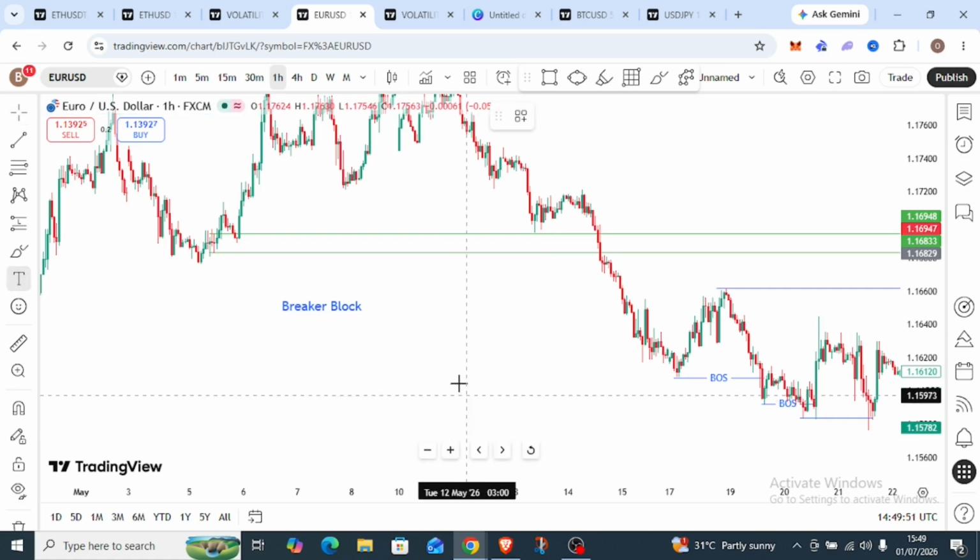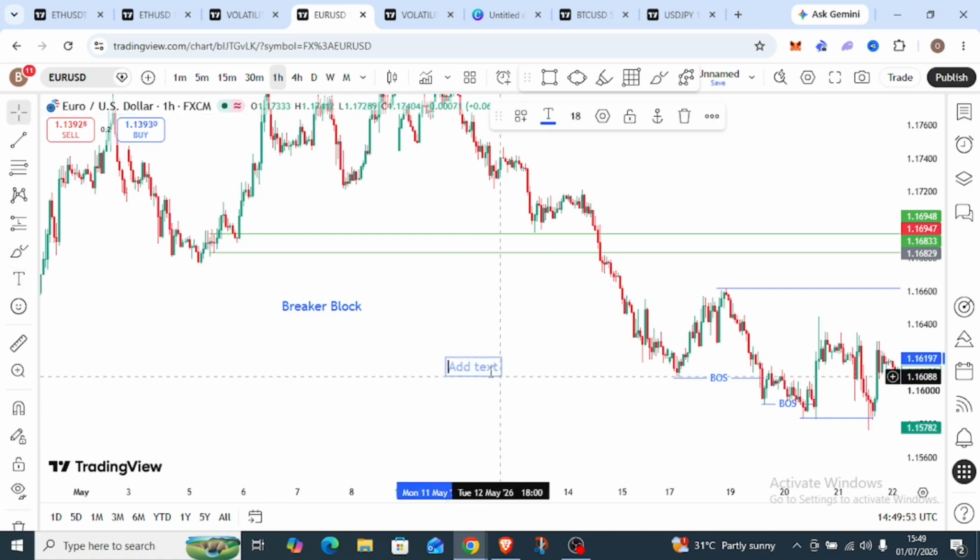Number 1 rule is BOS. There must be break of structure. Number 2 is that order block must be respected.